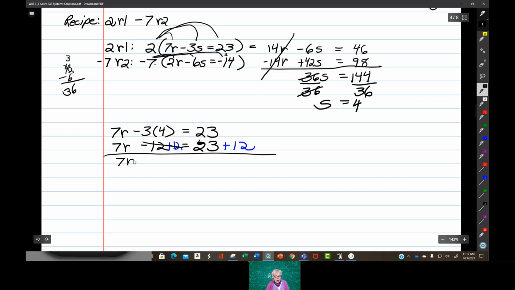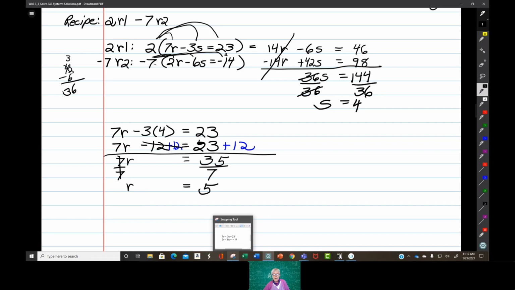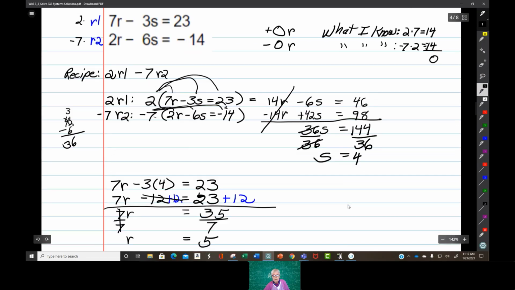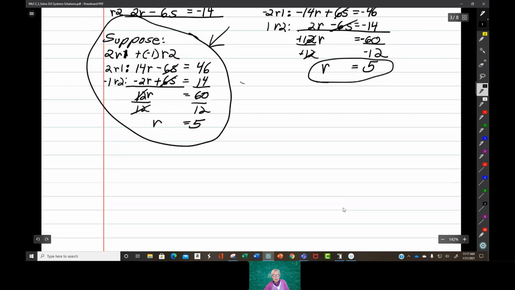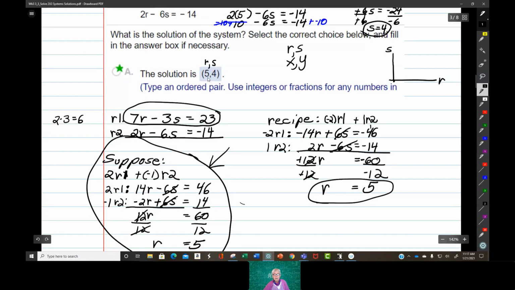So I've got 7R equals 23 plus 12, 3 plus 2 is 5, 2 plus 1 is 3, 35. Then I divide both sides by 7 and by 7 so that R equals 5. And that is what I got before also.